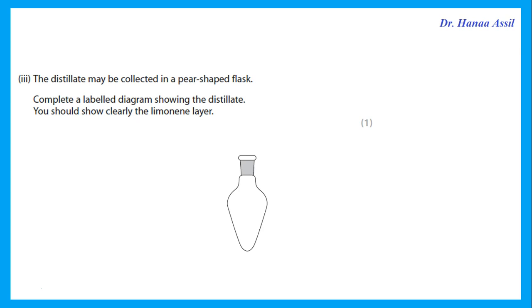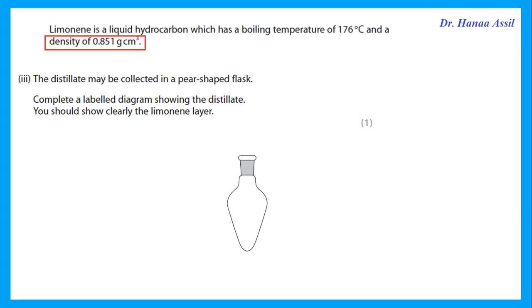The distillate may be collected in a pear-shaped flask. Complete a label diagram showing the distillate. You should show clearly the limonene layer. Now, what we have would be two layers, the limonene and water. And if we go back to the beginning of the question, he said that the density of limonene is 0.851.